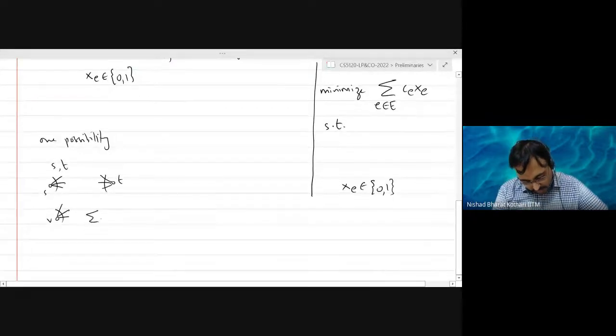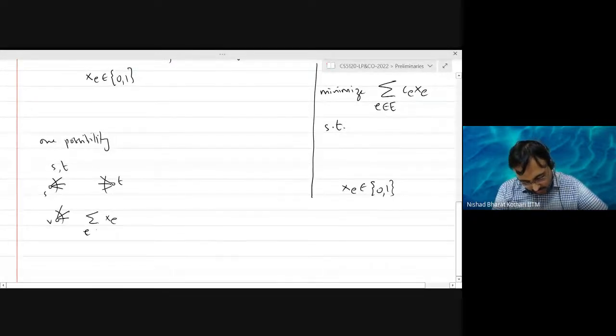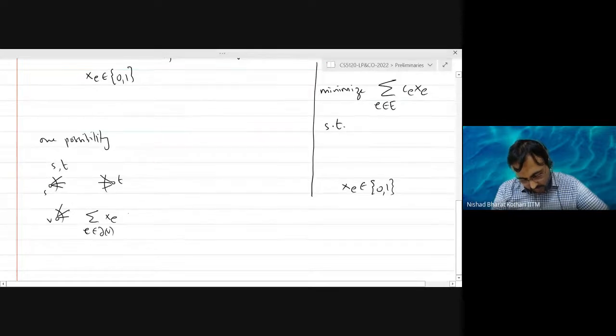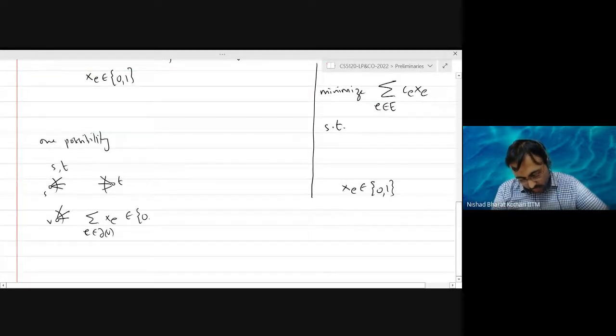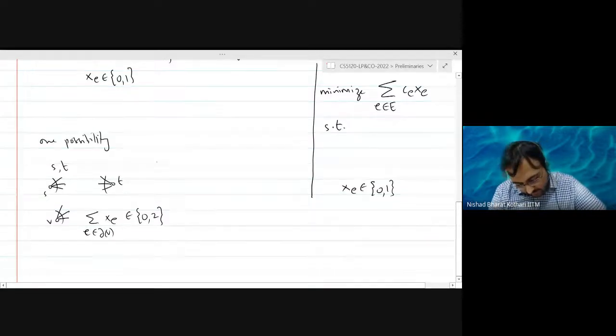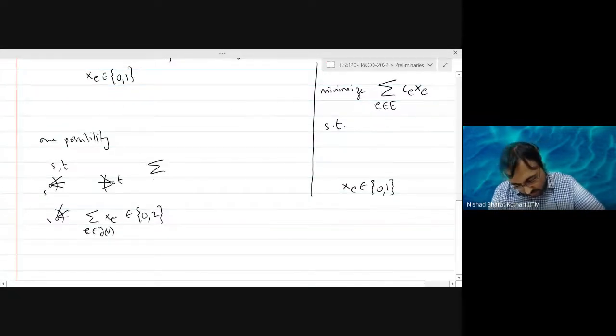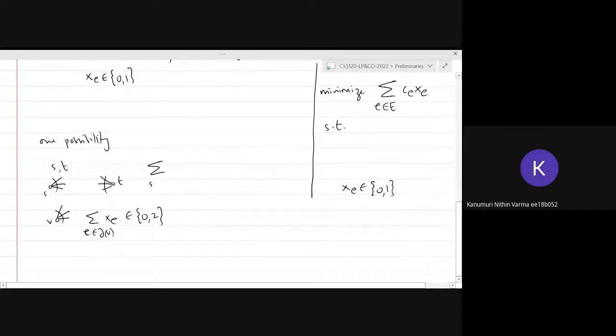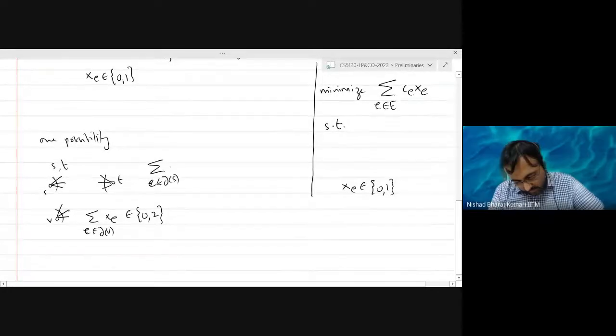So the summation of X_E, E belongs to partial V, is either 0 or 2. And for S, you want the summation to be exactly 1, and also the same for T.